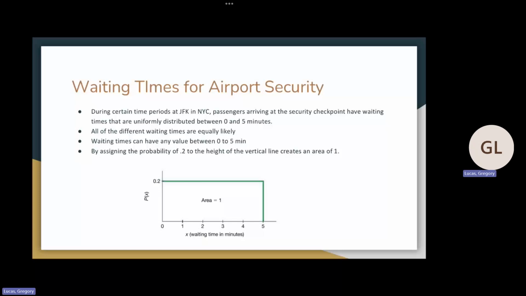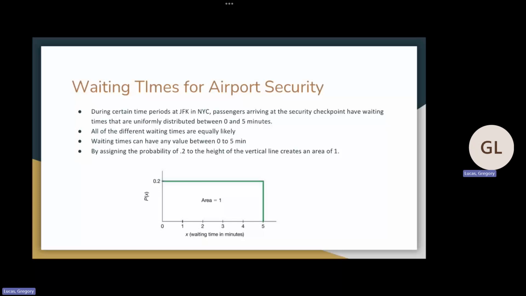If we assign the probability of 0.2 to the height of the vertical line, it would create an area of 1. So since we know that the area has to be equal to 1, it's uniformly distributed, so the probability has to be the same for everything.